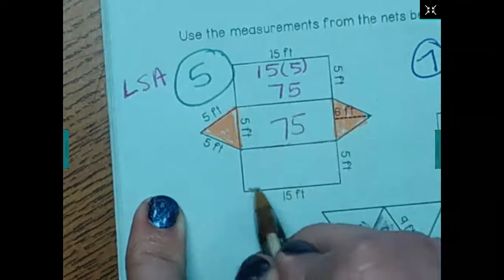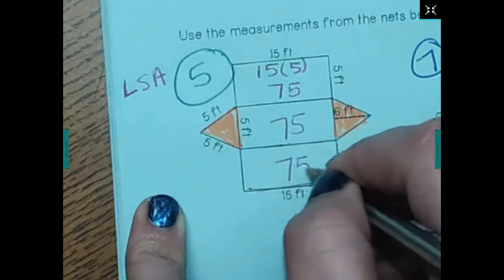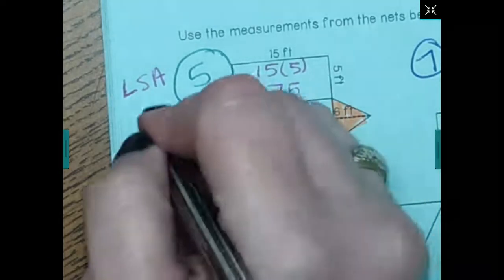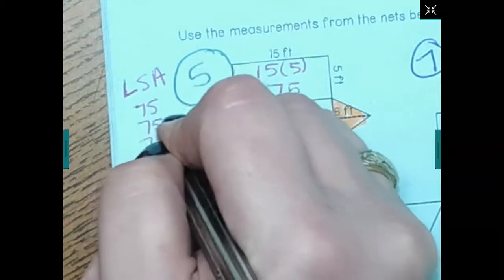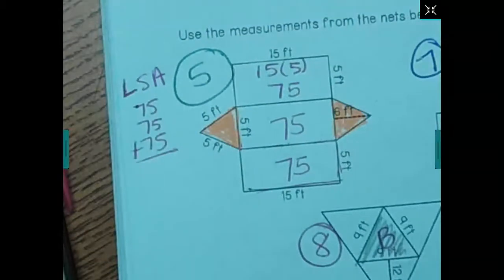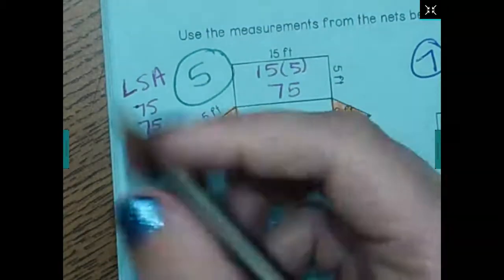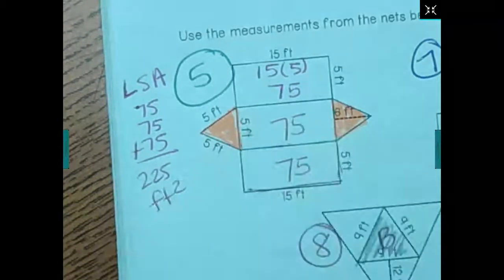What's this one? 75. 15 times 5, which is 75. So my lateral surface area is 75 times 3, or 75 plus 75 plus 75. 225. 225 what? Feet. Feet what? Feet squared. Okay? So that is if I only want lateral.